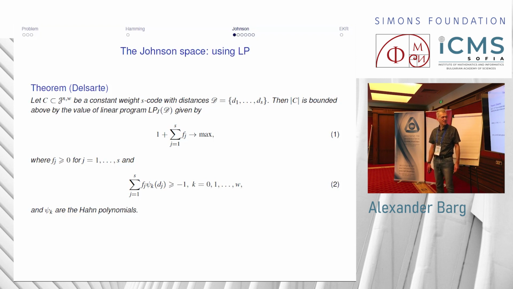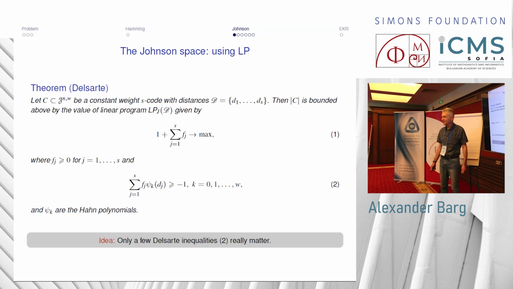So this is the very basic result that applies to all two-point homogeneous spaces and so forth. Now, this theorem, of course, is powerful, but it's also difficult to work with. So what is the idea here? Well, in fact, if you look at the calculations, it turns out that not all of these inequalities matter. In fact, only a few. If you satisfy a couple of inequalities, then the rest will be satisfied automatically. And maybe that's already enough to establish the result. That is what we shall do.